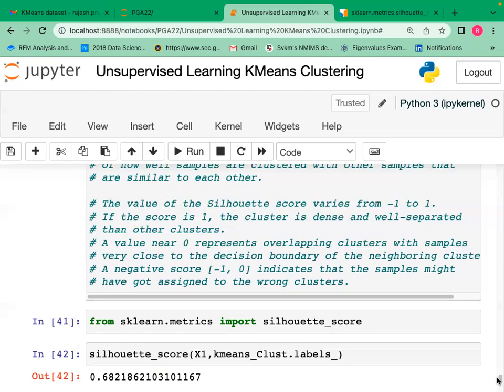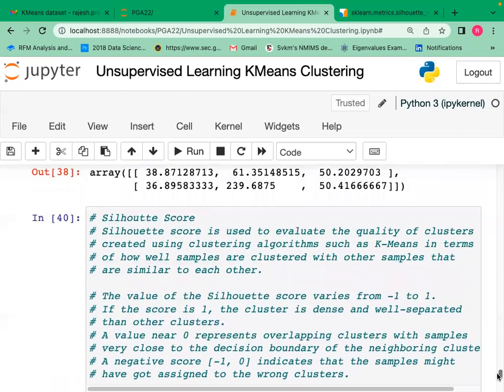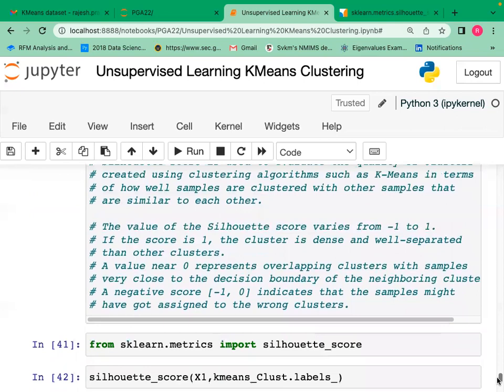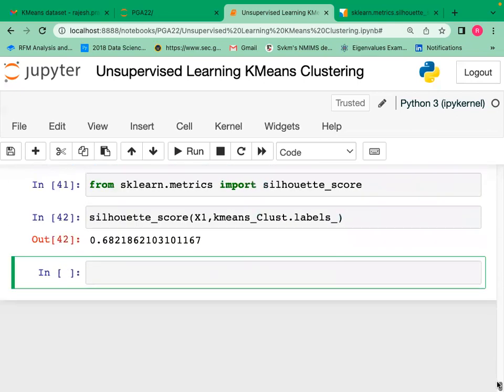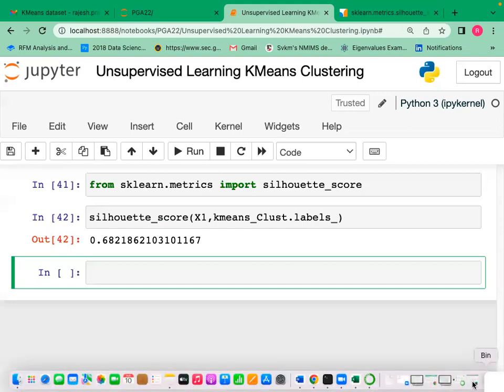Okay. Now Silhouette score will tell us the quality of clusters. Now let us build a model with 5 clusters.